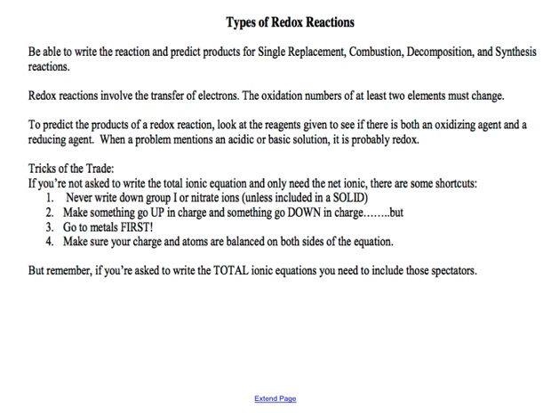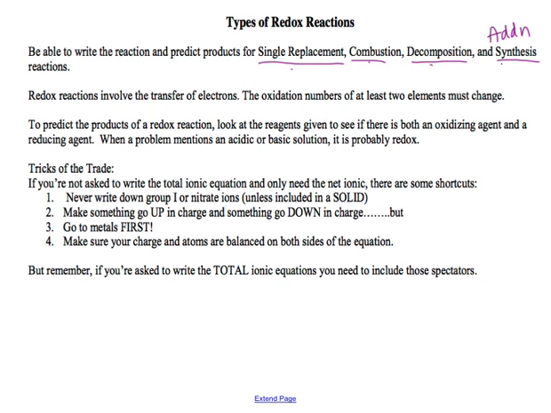We're going to do this strictly with redox reactions, and specifically with these 4 types of redox reactions: single replacement, combustion, decomposition, and synthesis, also known as addition reactions. Redox is occurring in every single one of these.